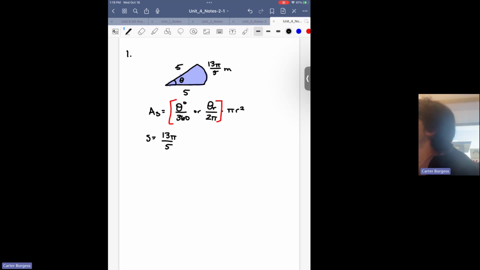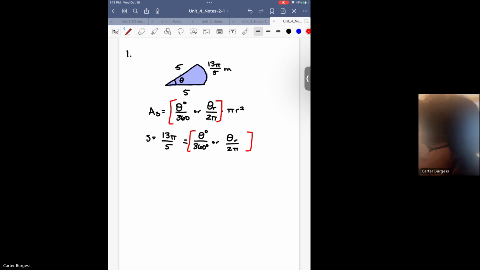And similar to the area of the sector, the arc length is also going to be whatever this fraction is, either theta degrees over 360 or theta radians over 2 pi, times my circumference.